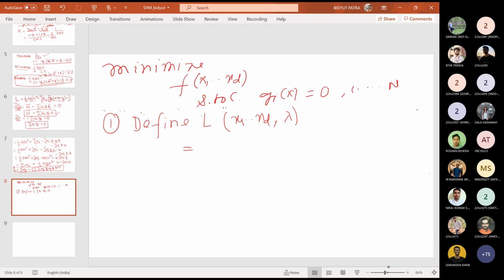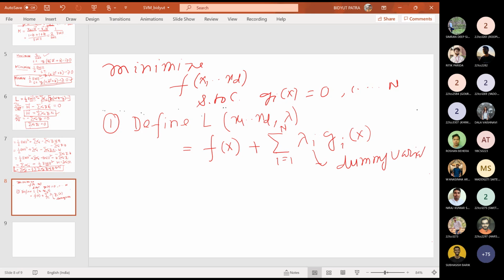So this is equal to the function f(x) plus summation over i equal to 1 to n of lambda_i into g_i(x), for each constraint. Where lambda is nothing but the Lagrangian multiplier or dummy variable.